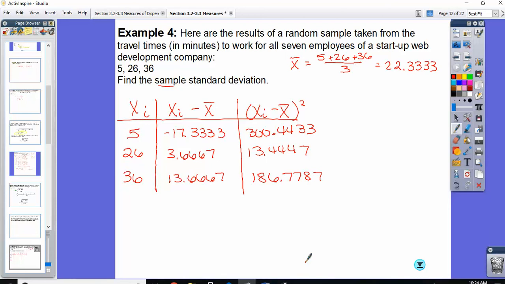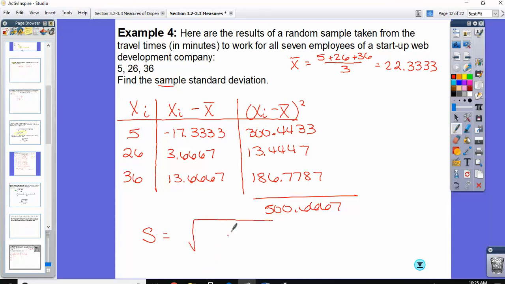Okay, what we need to do for our standard deviation is add up the last column. So then this is a sample standard deviation, so we do S. The formula is on your sheet.